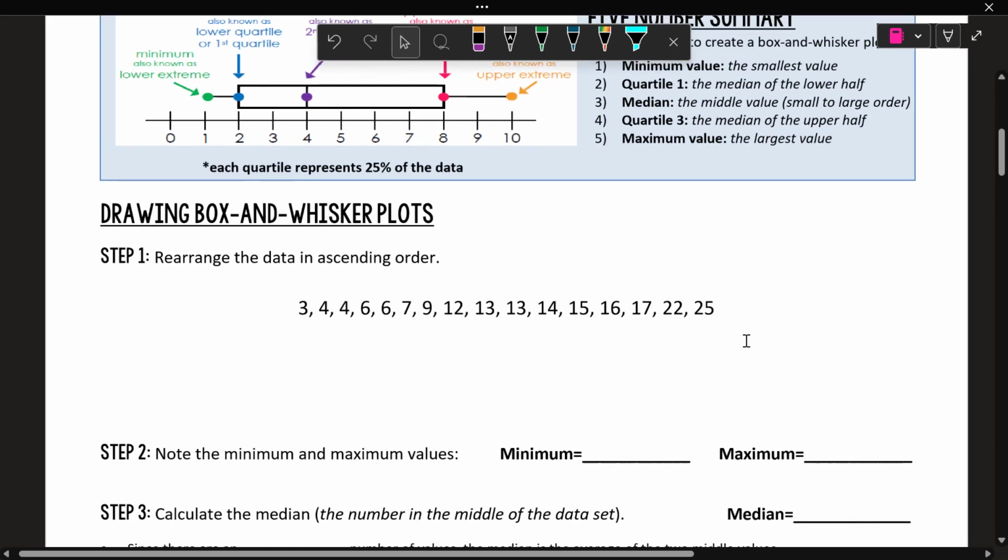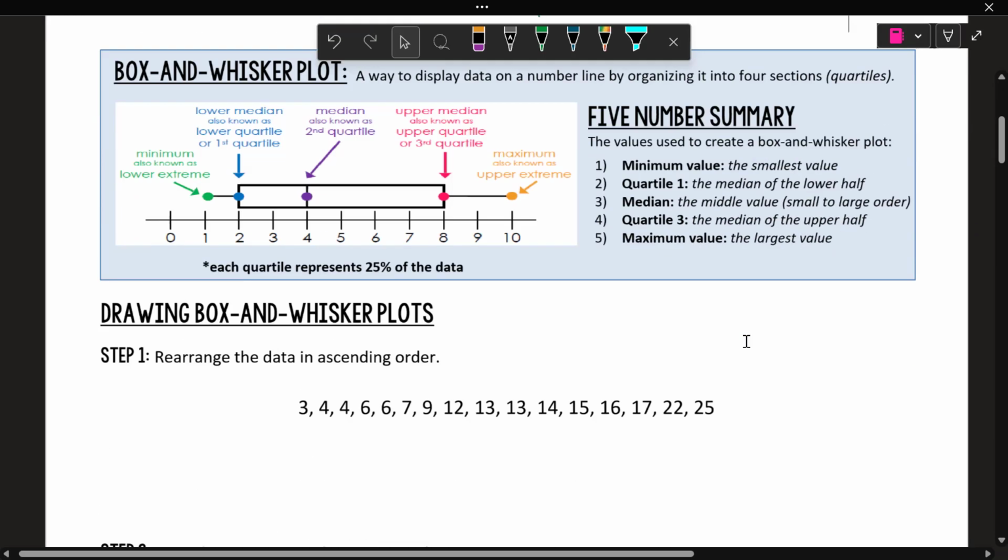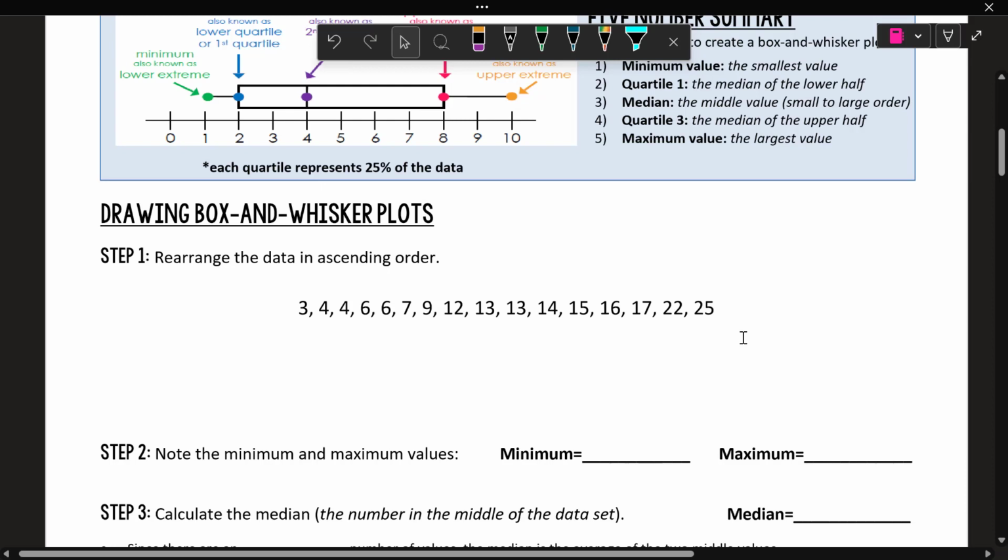So first step, we have to rearrange the data in ascending order. This is the same data that we just used up there, but now it's in order, which is nice. So we have 16 values, same set, so we want to find the middle. But there is no middle because it's an even number.